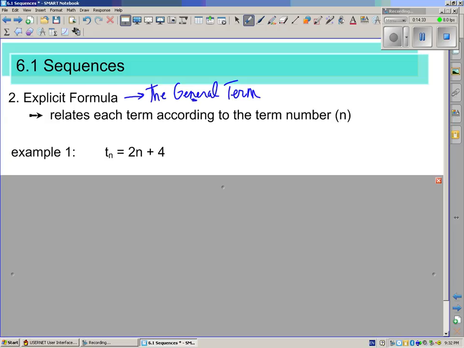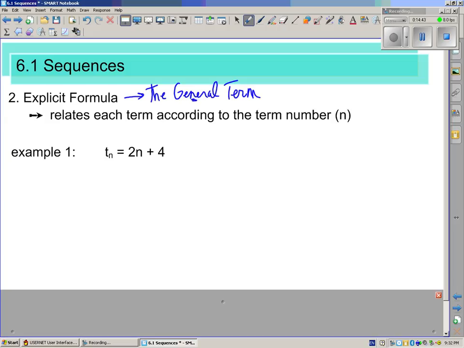Okay, so here I am given an explicit formula to begin with. Once I have that, I want to find what are the next few terms in the sequence. All right, well, let's start with term number 1. Term number 1 says it's 2 times 1 plus 4, so that's 6.